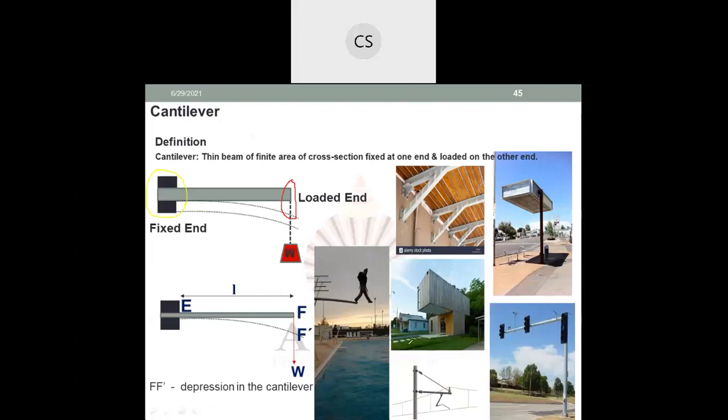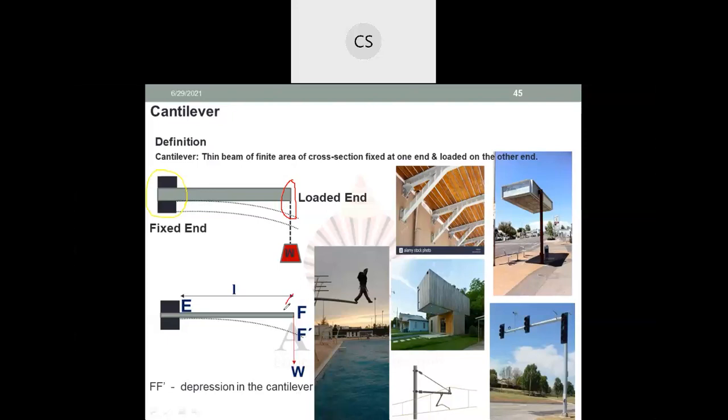Such types of structures you can see in a lot of different applications. Whenever you load the cantilever beam, it undergoes depression.